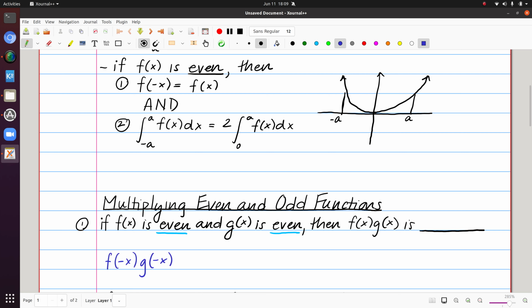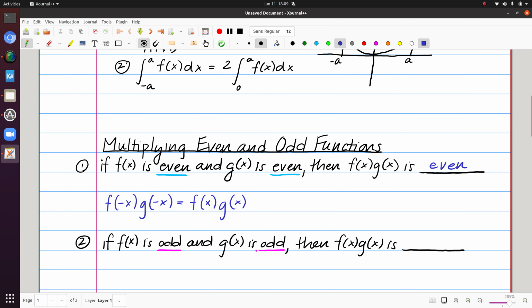I would plug it in everywhere I see x. Because f is even, I can replace f of minus x with f of x. Because g is even, I can replace g of minus x with g of x. So for this product function, we see that plugging in minus x gives us the same thing that we get when we plug in positive x. So this product would likewise be even.